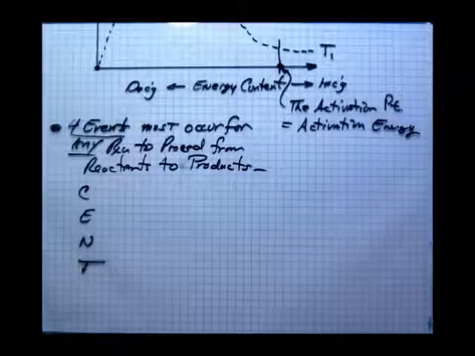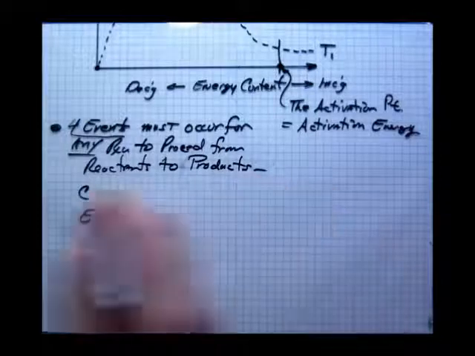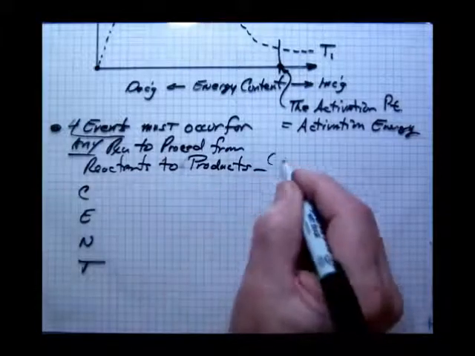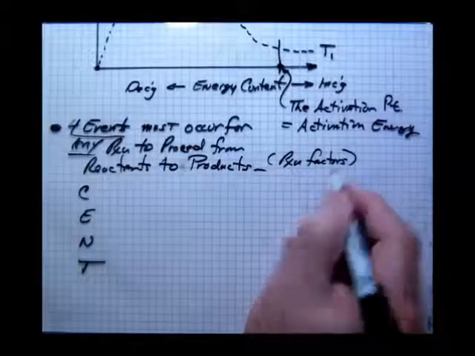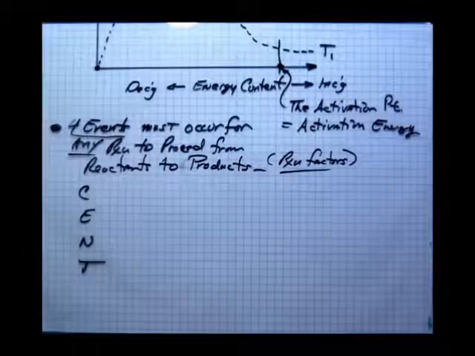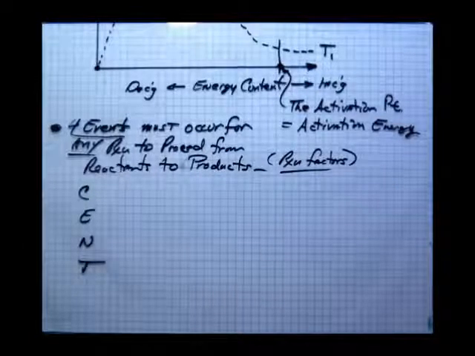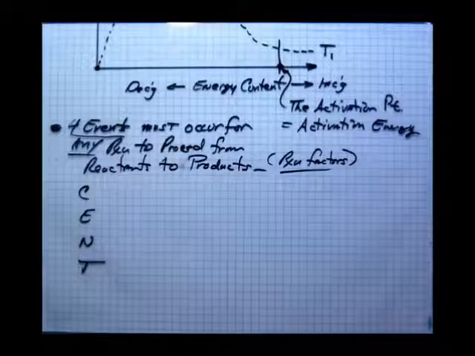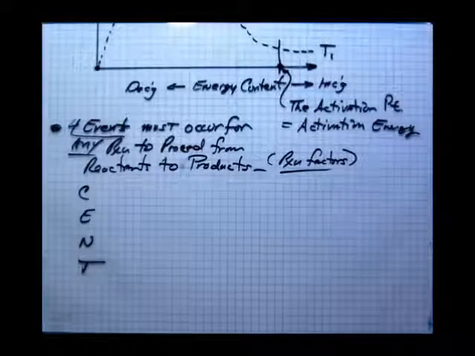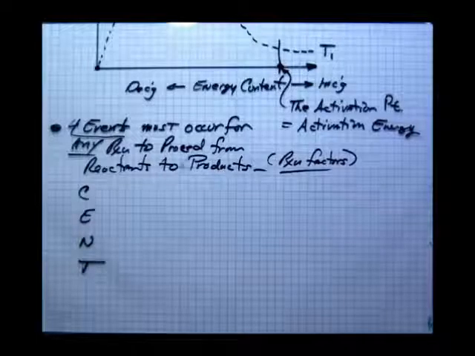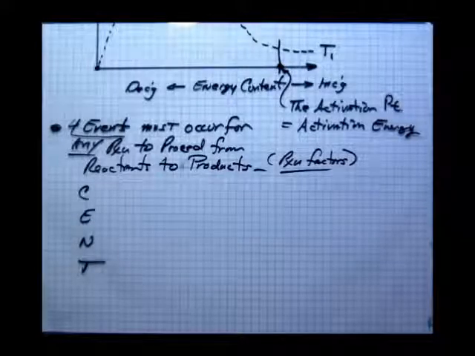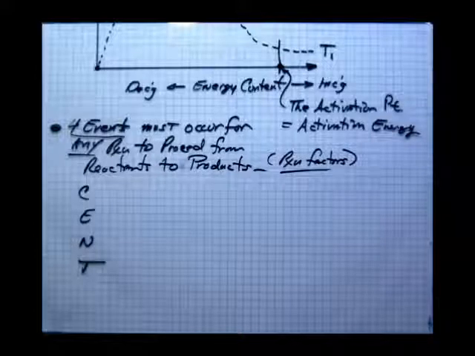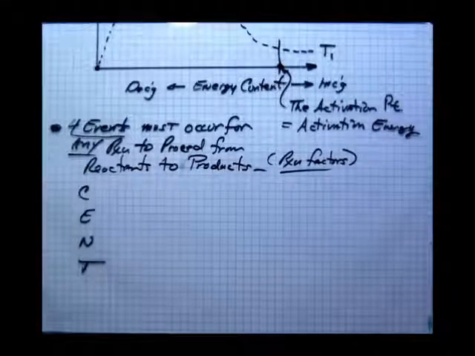These are reaction factors. But CENT are 4 events occurring all at the same time that are identified as required for a reaction set or system to proceed to products.